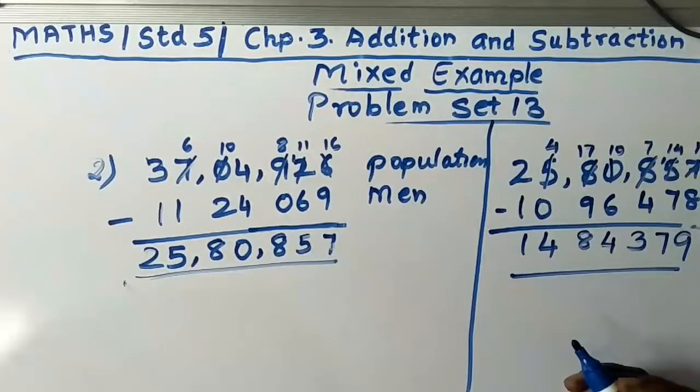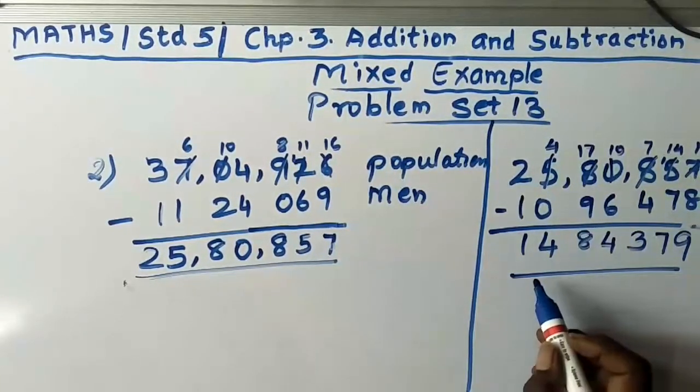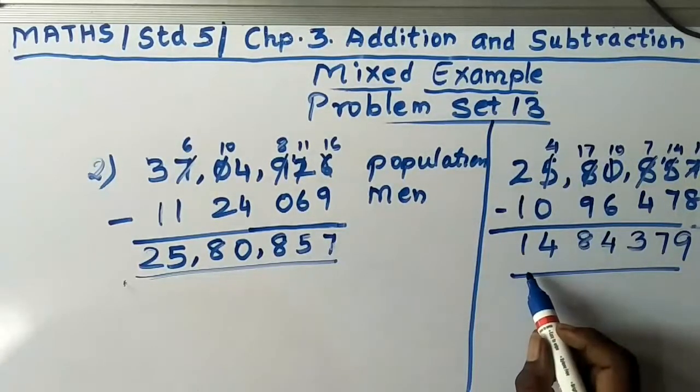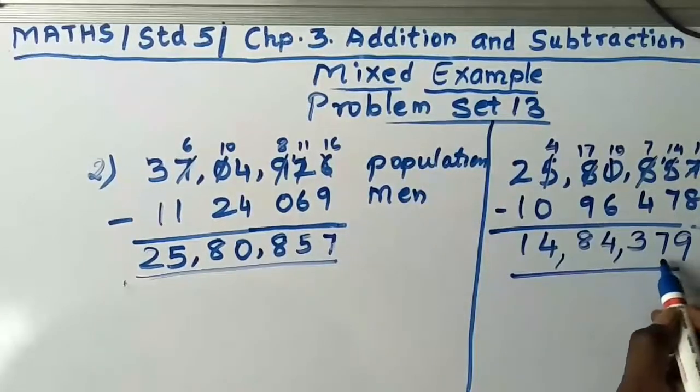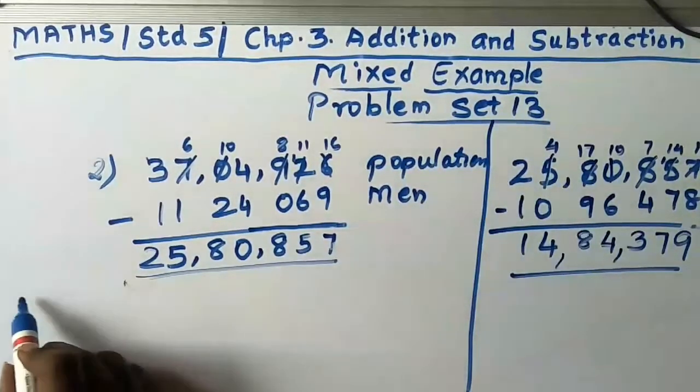So this is the number left. That means the total number of children living is 14,84,379. So we can do it in another method.